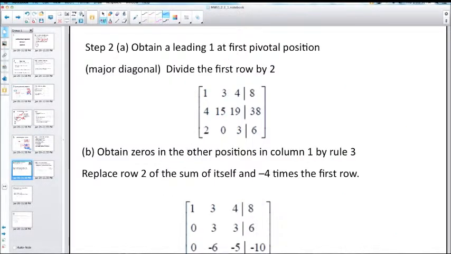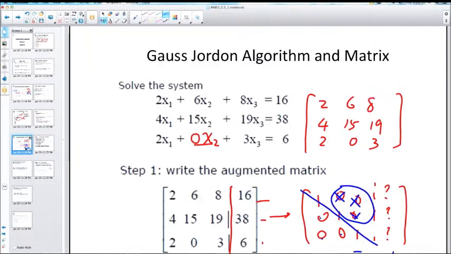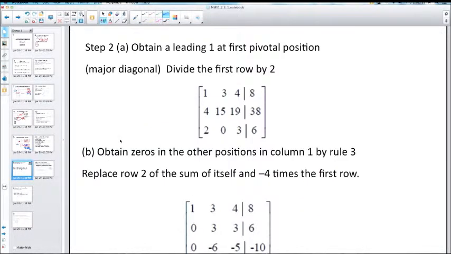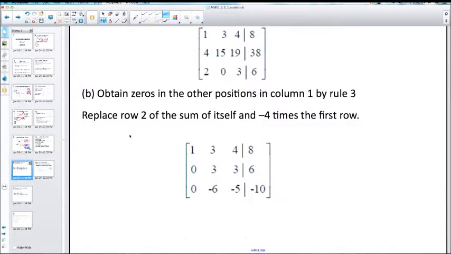So step 1, I write this into a standard form, and then you look, the goal is to make this element 1, and then step 1 is divide the first row by 2. That's rule number 1. Then the second step, I'm going to make 2 zeros down here in the first column.